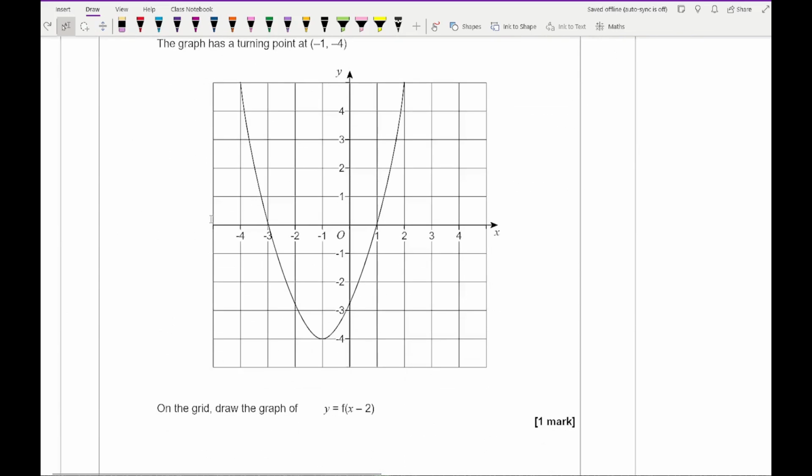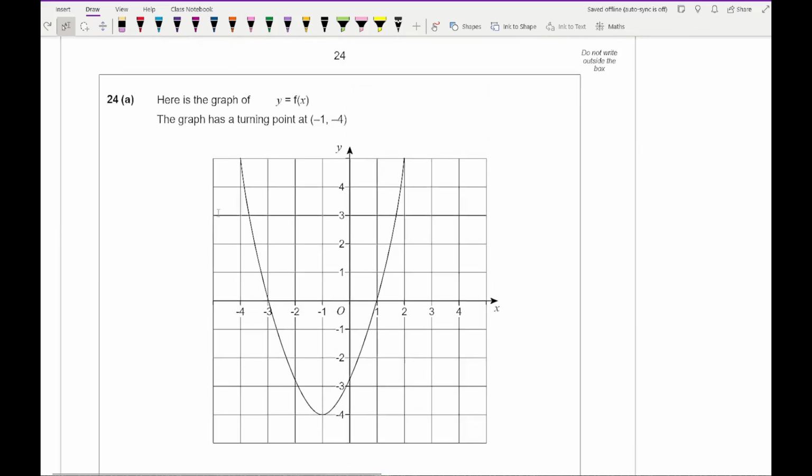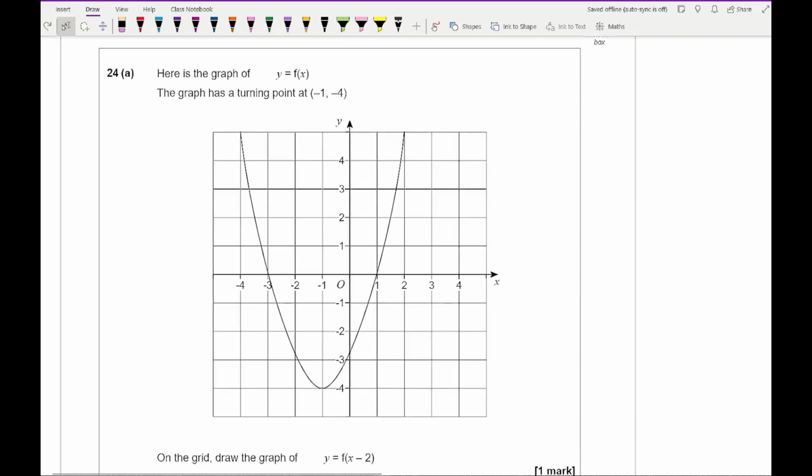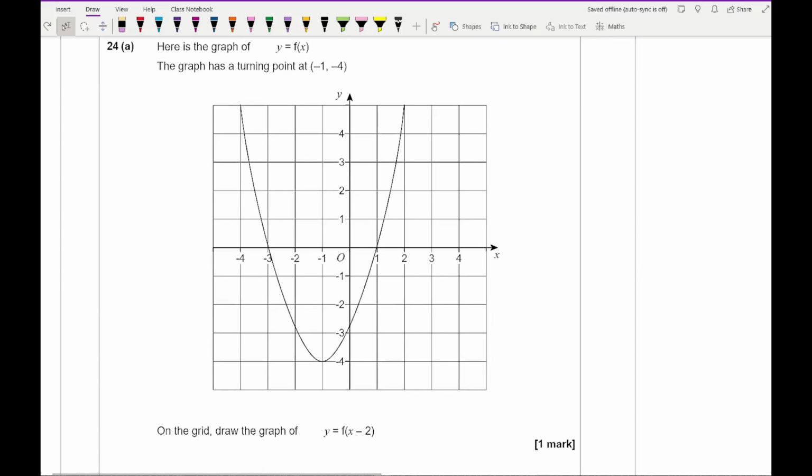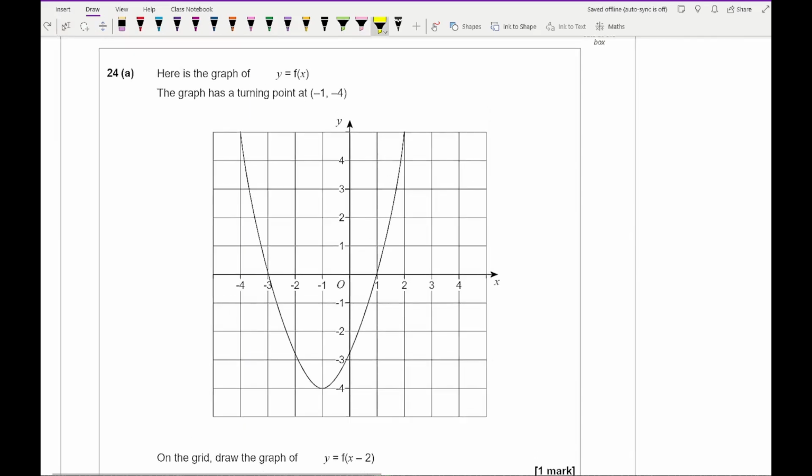Then moving on to question 24a, it says here is a graph of y equals f of x, and the graph has a turning point of minus 1, 4, and it says on the grid draw a graph of y equals f of x minus 2. Basically this graph transformation means it's been shifted 2 places to the right.